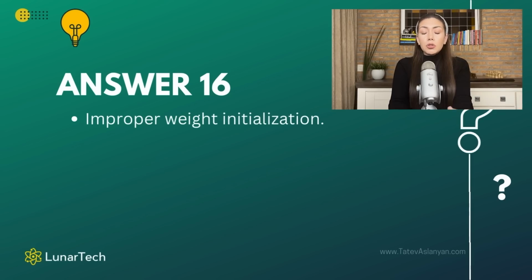But if we do this initialization of the weights not in a proper way, which means that we are not using the right distribution to randomly sample from, or we are just providing a wrong or improper value to the weight and the bias parameters, it means that this will, right from the beginning, skew the learning process for those specific neurons.